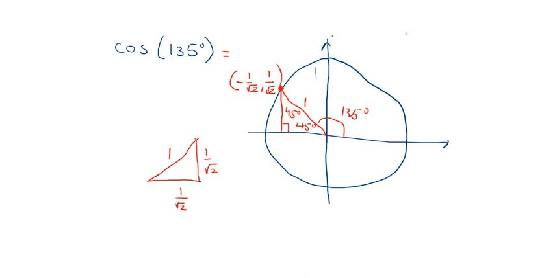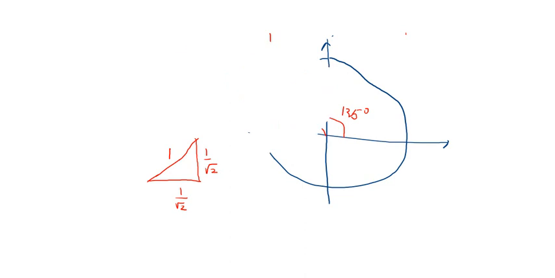And let's now try a tan, and let's work out what tan of negative 150 degrees is. Alright, so you can pause the video and have a go at that. I'll also have a go here. So tan of negative 150 degrees.